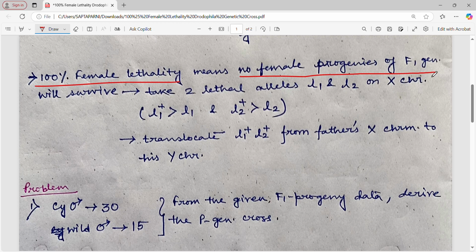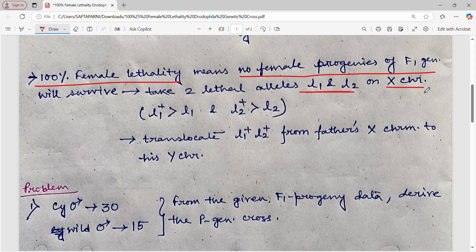So to kill all the female progenies of F1 generation, we must take two lethal alleles L1 and L2 on the X chromosome. If you have seen my 50% female lethality video or 50% male lethality video too, you know that we have taken one lethal allele L there.